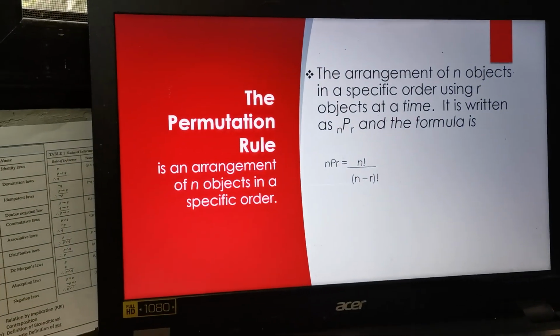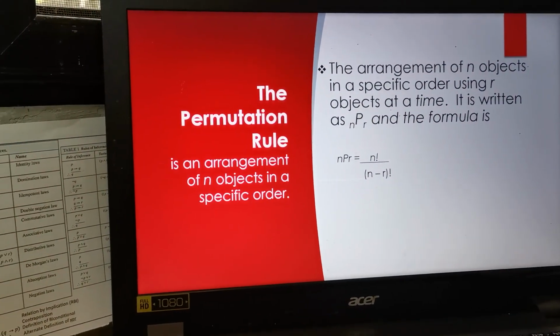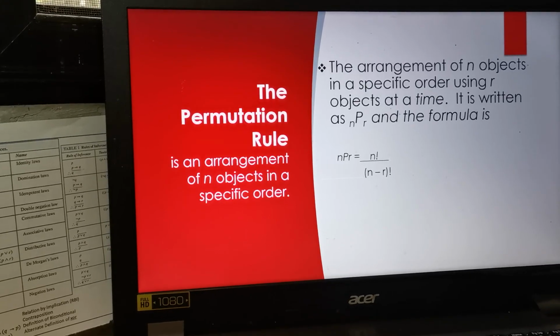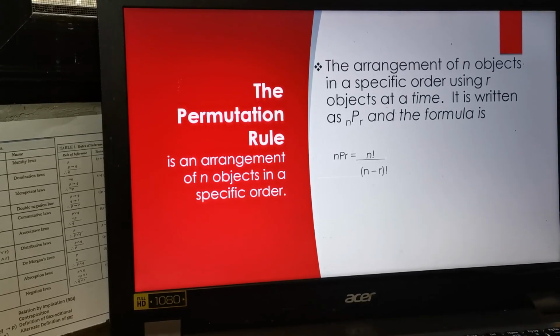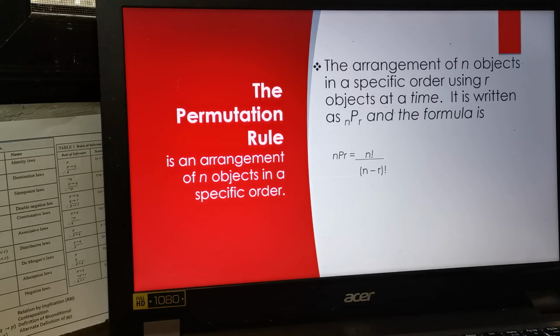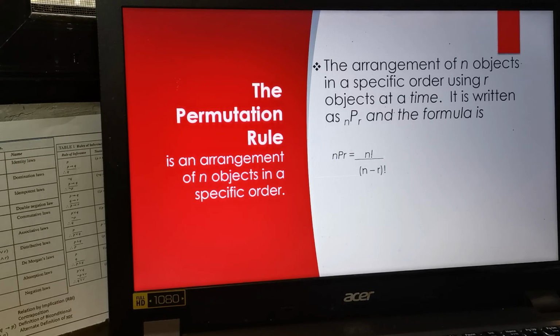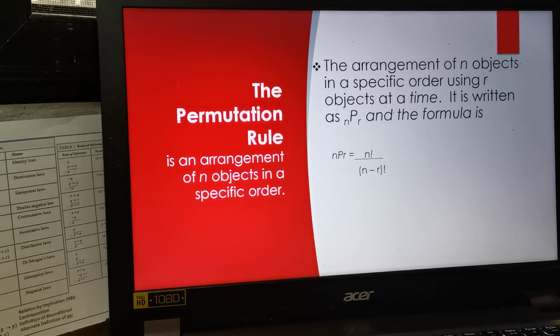Ano naman itong permutation rule? Okay, ang rule na ito ay ginagamit kapag merong arrangement ng objects. Okay? O kaya specific order. Yung mga objects na hinahanapan natin ng combination. Okay? So, the arrangement of n objects in a specific order using r objects at a time.